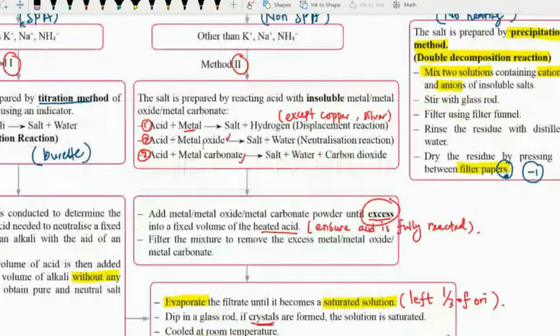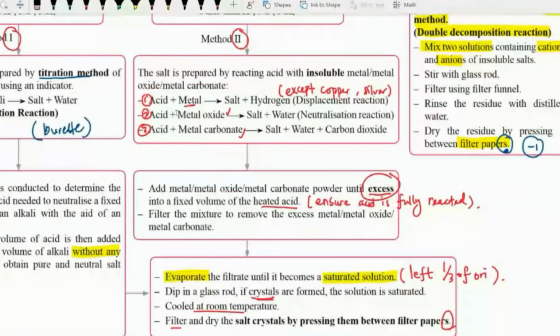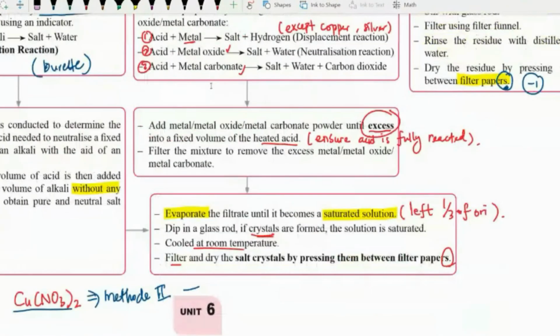So which one can we use? We can use 1, 2. Can we use the first one, acid with copper? Can we use nitric acid with copper? Can or not? The answer is cannot. Why?